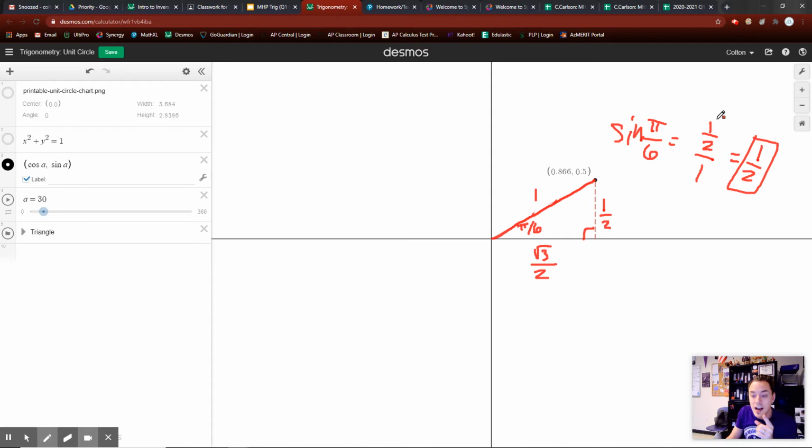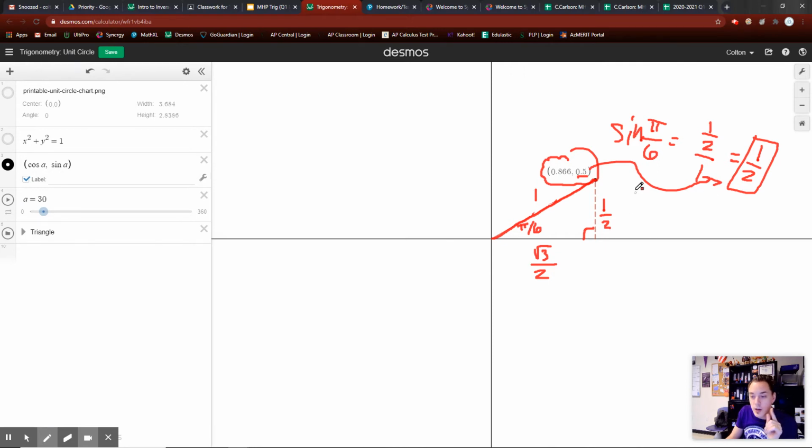We said sine of pi over 6 was 1/2. But we also said sine on the unit circle, the sine function, is y, like the y coordinate. Look at this point. What's my y coordinate? It's 1/2. 0.5.